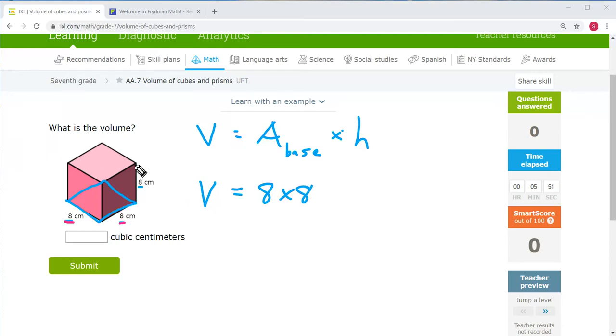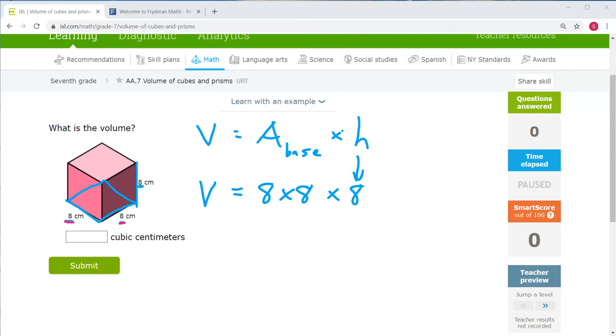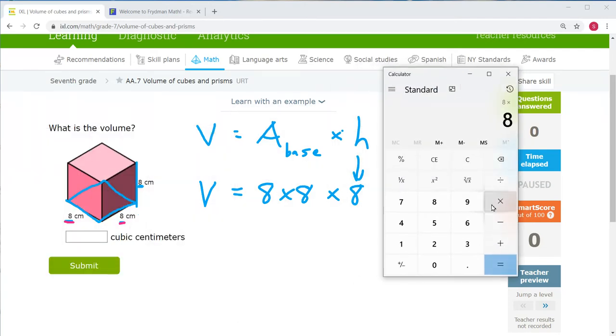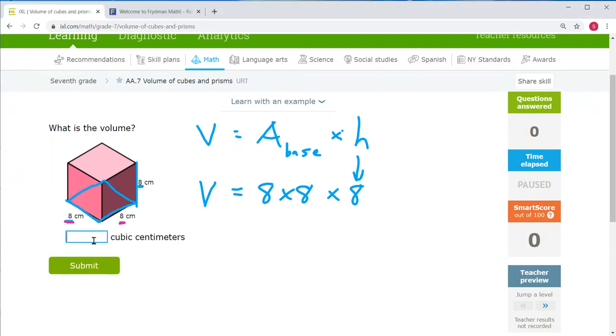And for the height, we have another 8. So yeah, in the end, we end up just multiplying all the numbers together. So we have 8 times 8 is 64. And then 64 times another 8 is 512. So that's going to be 512 cubic centimeters.